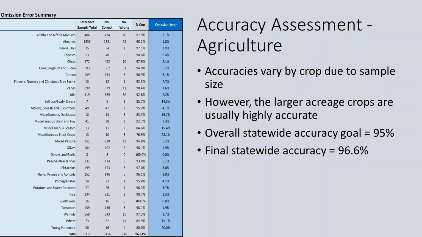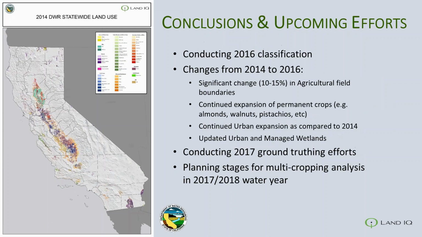There's a few pecans in the state. If you miss 2 of them, you're already at 90% accurate. But usually the overall accuracy is 96%, as I mentioned. In other crops, such as almonds, in larger acreage crops, our accuracies are much higher, in the order of 98+% accurate.